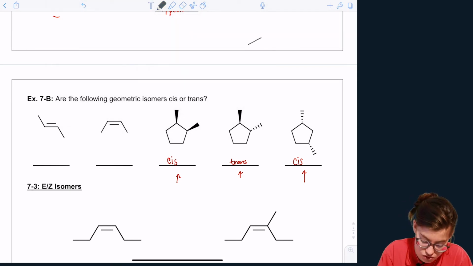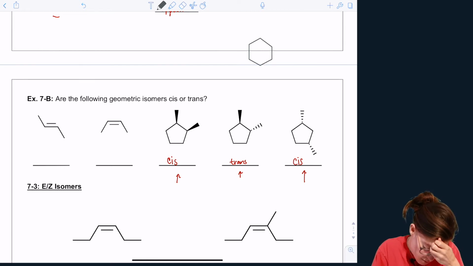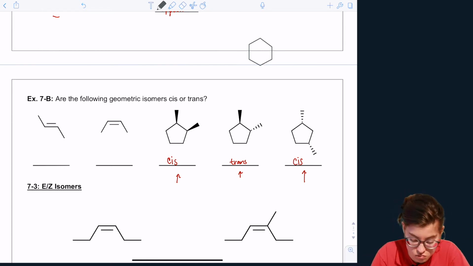For example, let's draw a ring up here. We'll make it a six-membered ring. All right, and I'm going to put two substituents on this ring. So I'll draw one here, and I'll make this a bromine.